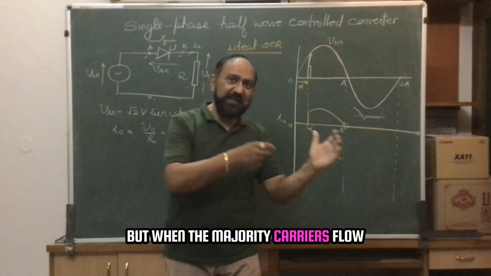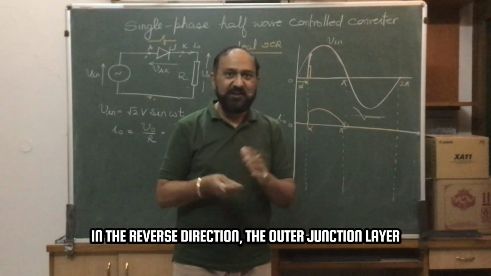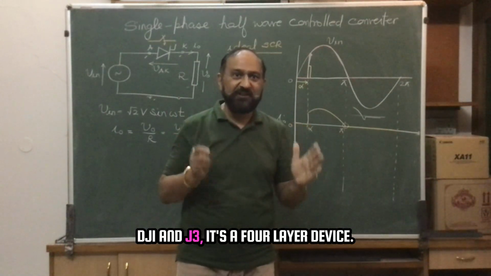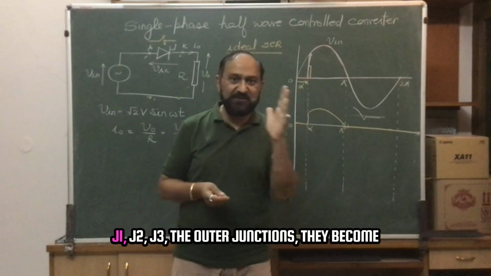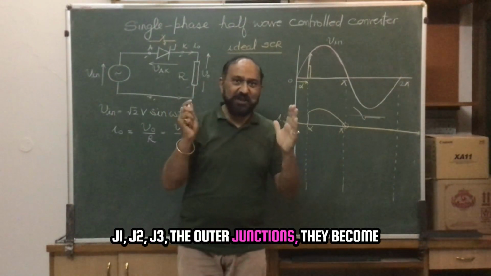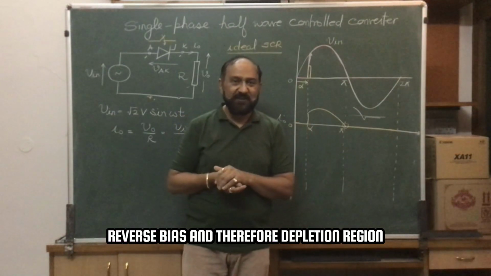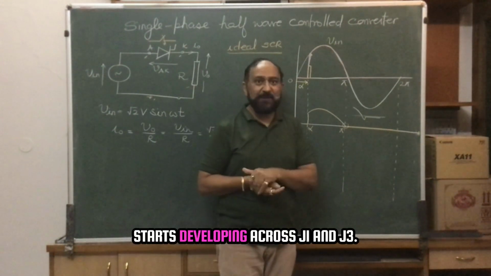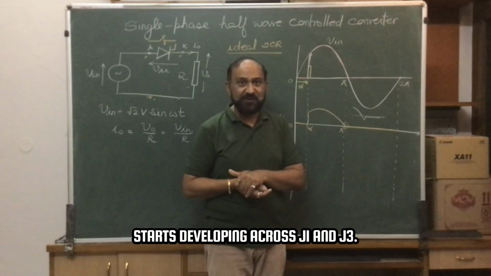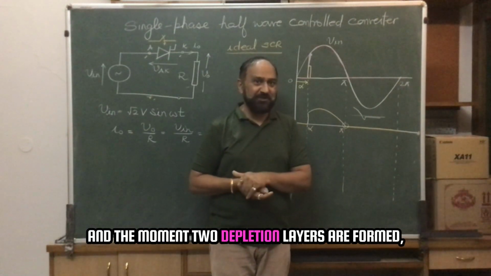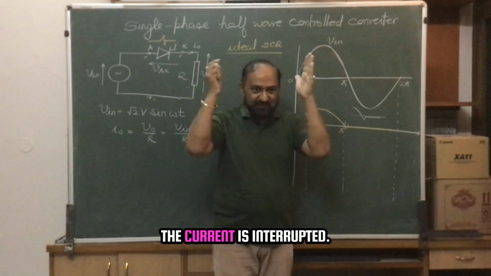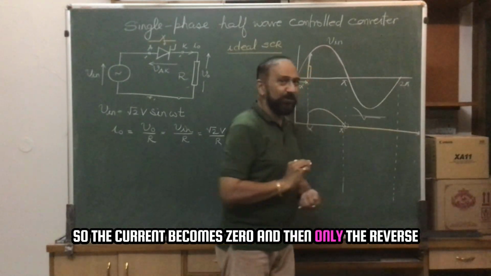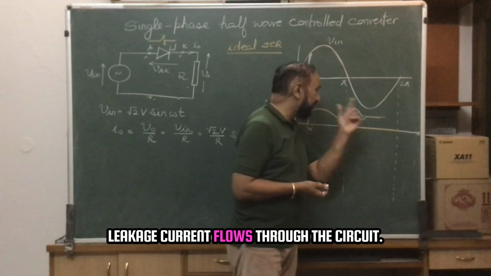But when the majority carriers flow in the reverse direction, the outer junction layers, J1 and J3, it's a 4-layer device, J1, J2, J3. The outer junctions become reverse biased, and therefore a depletion region starts developing across J1 and J3. And the moment two depletion layers are formed, the current is interrupted, so the current becomes 0, and then only the reverse leakage current flows through the circuit.